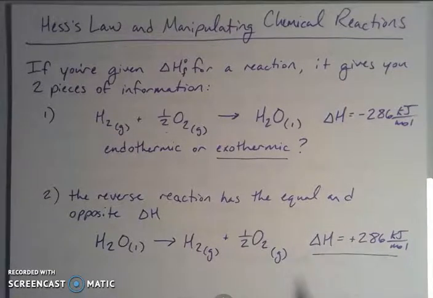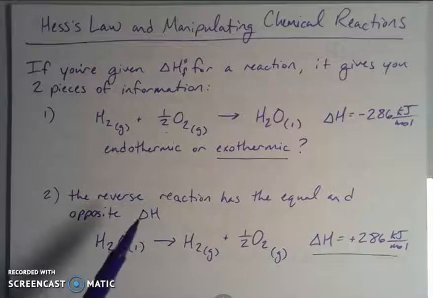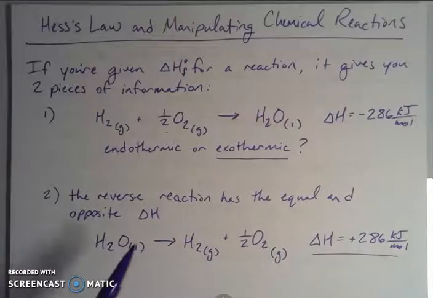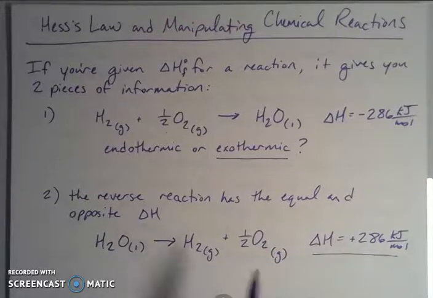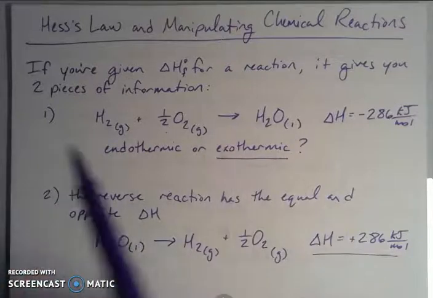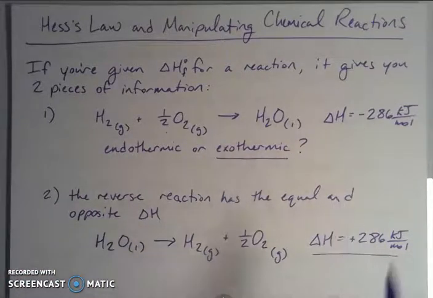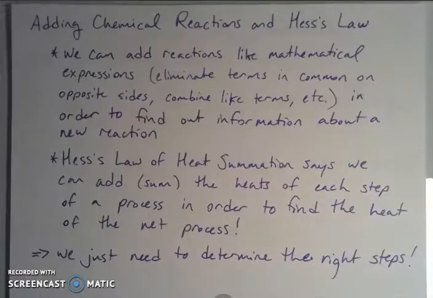Because I have an opposite sign, this says I need to put energy in from the surroundings into the system to break apart water into its component elements, into its reference forms. So this is an important piece of information, because if I know the reaction in one direction, and I need to rearrange or manipulate or add things together, I can flip it and I still know what my delta H is. And that's going to be important when we get into playing around with Hess's Law.